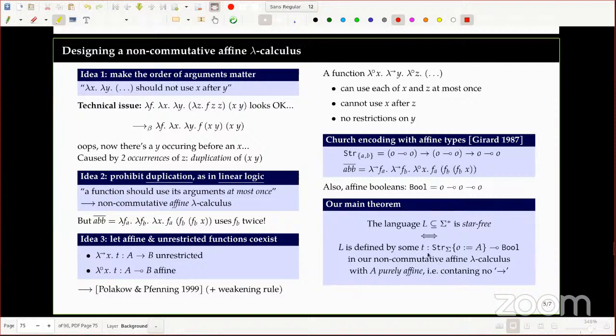So much like the case of the simply typed lambda calculus, we have a function from strings to booleans, where we allow to instantiate the base type of a string by some more complicated type. And here the restriction that we put is that A must be a purely affine type. That is, it does not allow for the nonlinear arrow.